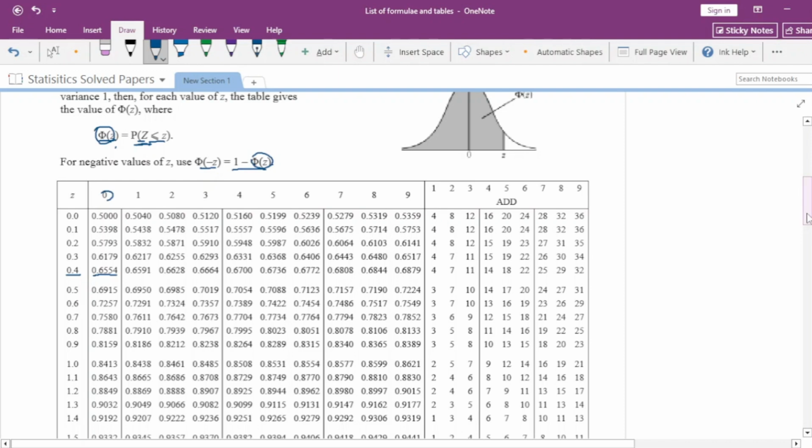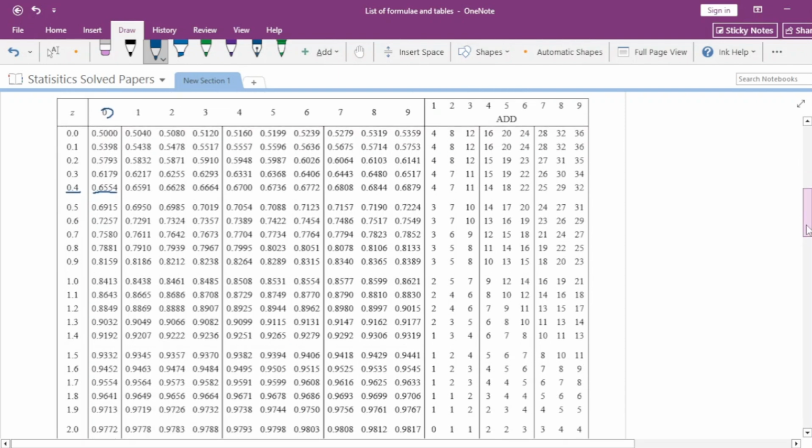Now we're going to look for 1.6. So again, go into the table, start reading from the first column, and we see that we want the value of 1.6. The next digit is 0, so directly we get a probability of 0.9452.